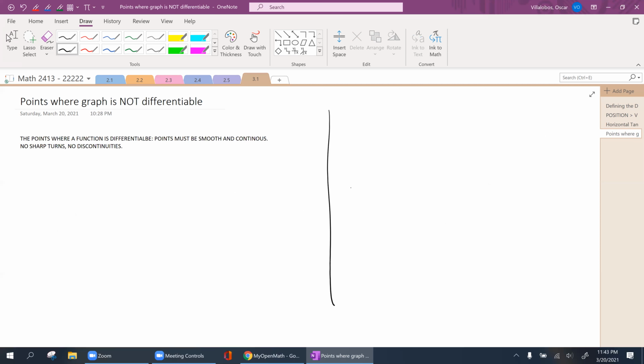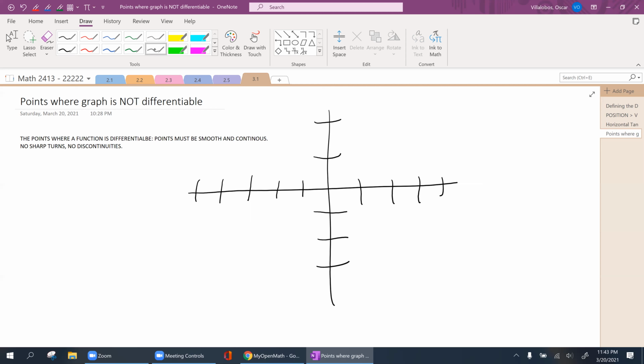So let's say I had drawn something like that, and I want you to tell me at which points in this graph the function is not differentiable. In other words, look where it's not smooth and where it's not continuous.